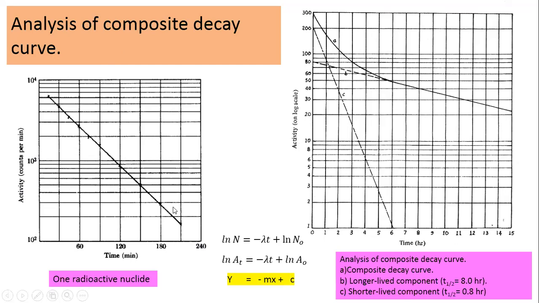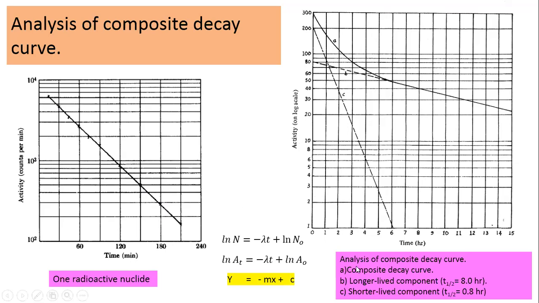If you obtain a straight line, and there is only one straight line, that means one radioactive nuclide is present. Because we are using first order kinetics, if you fit the data and the data looks like this, that means only one nuclide is present.